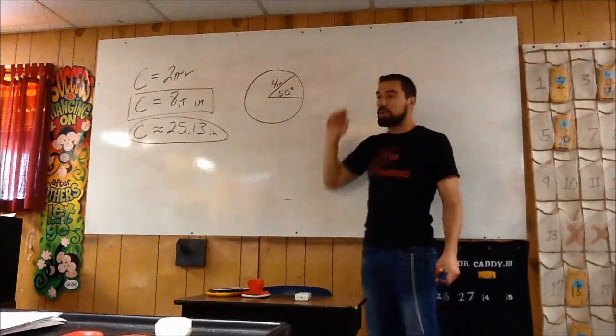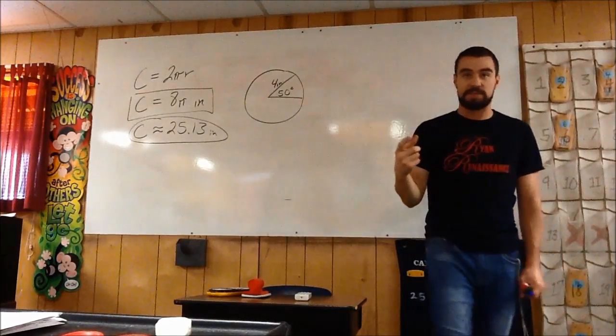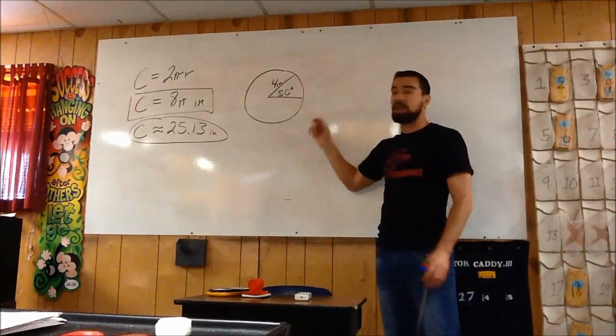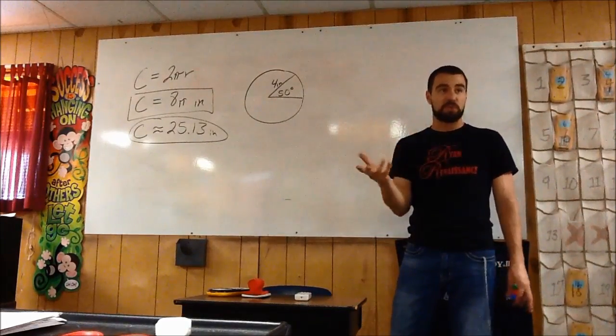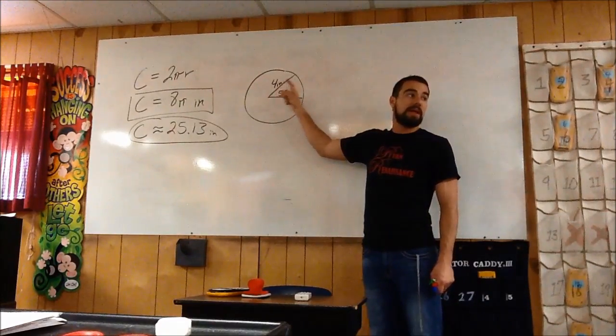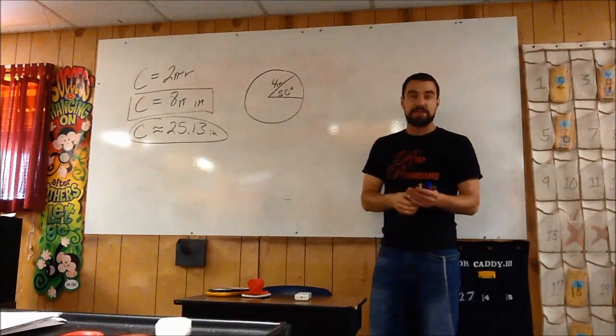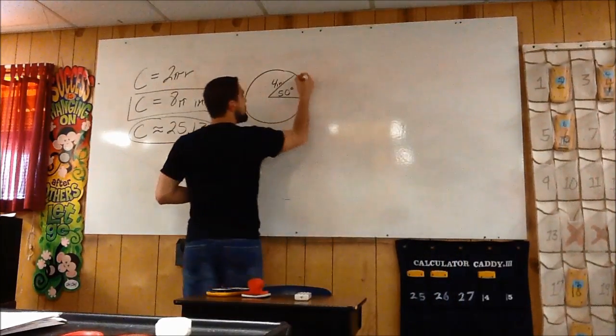Okay? So now what we're going to get into is finding the lengths of arcs. And these arcs are going to be created by central angles. And we should know the relationship between the measure of a central angle and the measure of the intercepted arc. We should be really good at that.